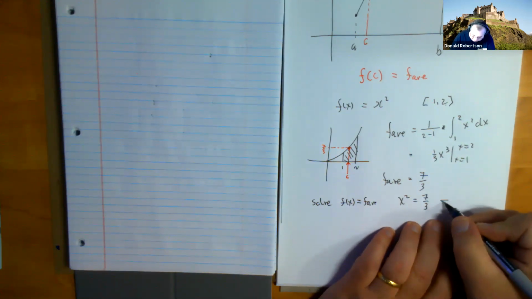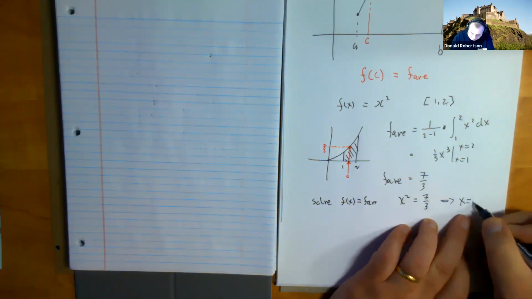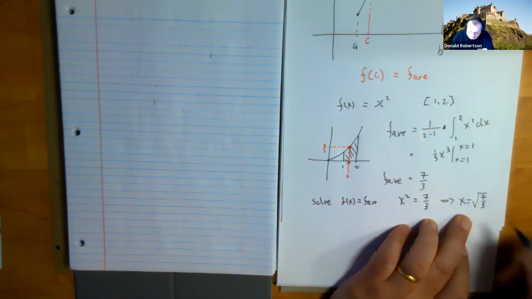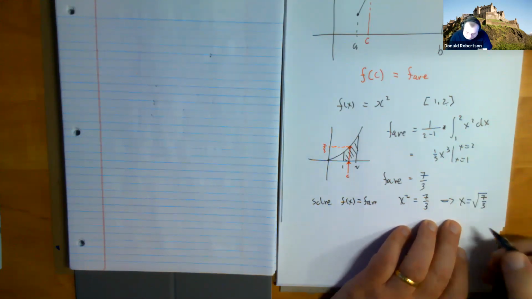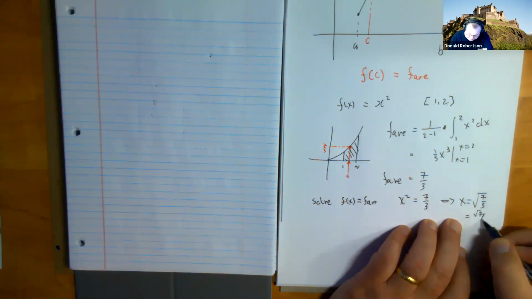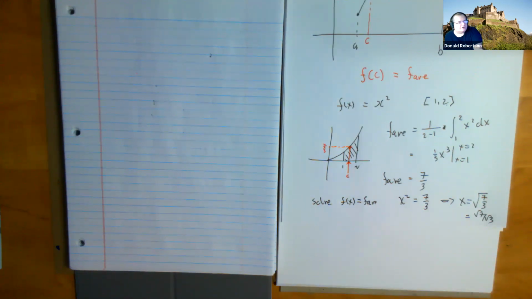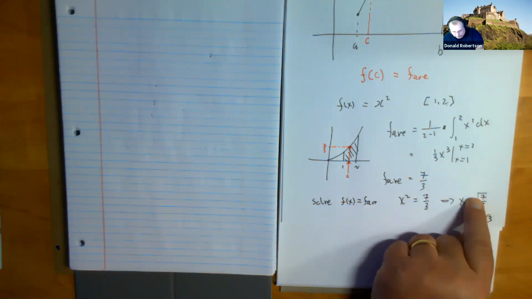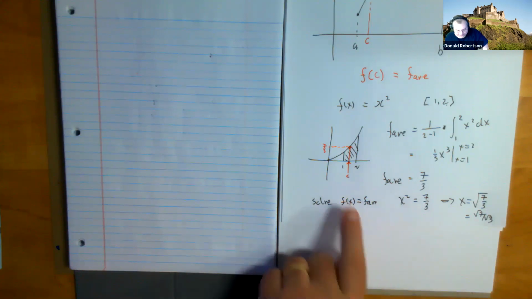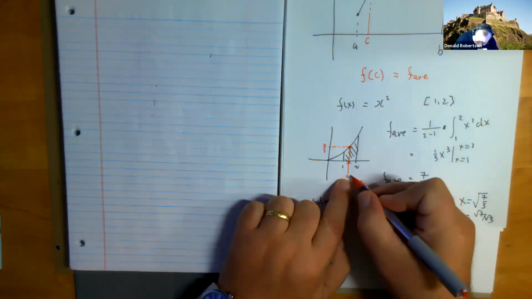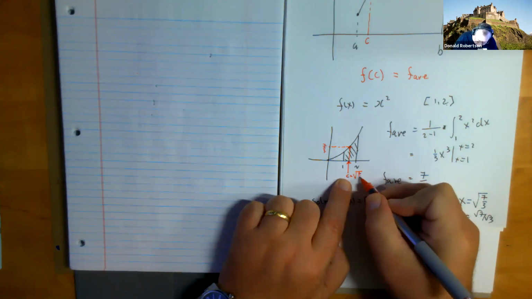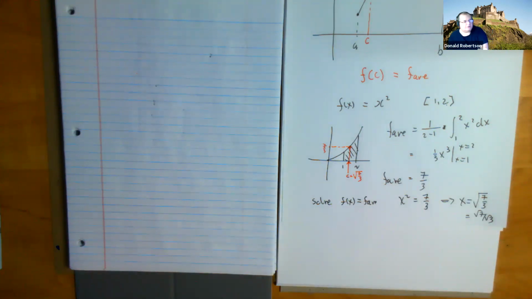In this case, won't the x coordinate just be the square root of 7/3? Which I guess I could try and make pretty, but I'm not going to do a good job of it. So an x value of square root of 7/3, that's essentially where that is. There is at least one point on the curve where the function has the same value as its average.